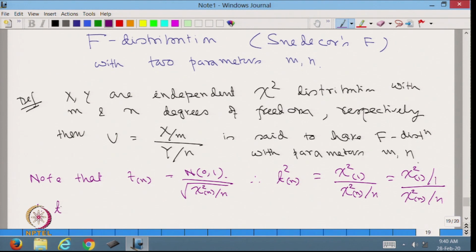Therefore, T square n is same as F with 1, n. So, that is the relationship between T and F.